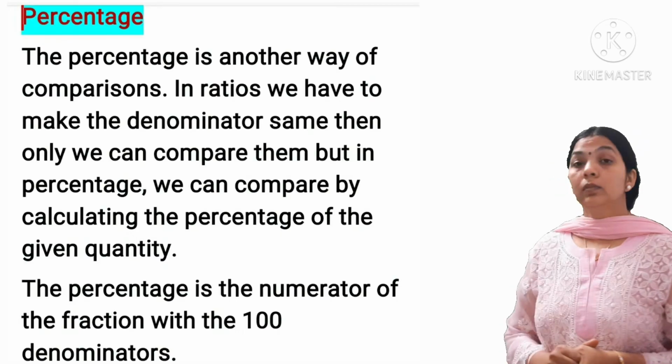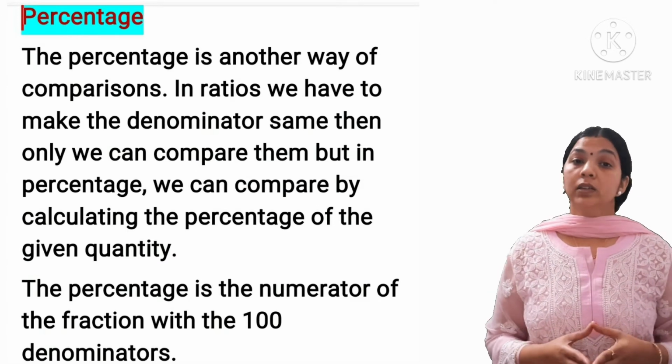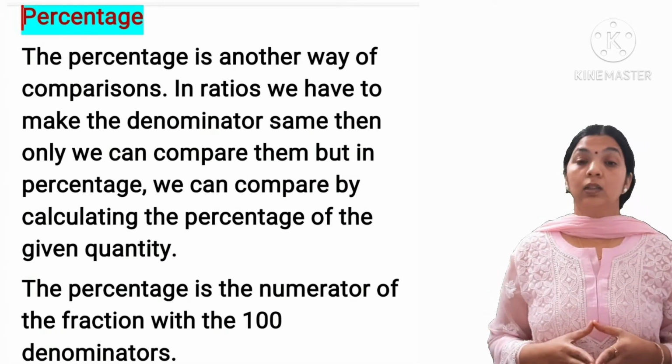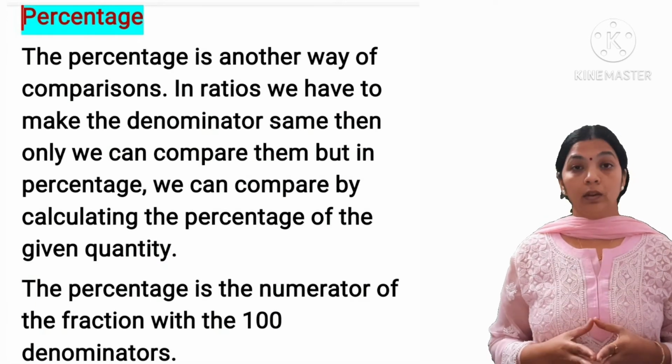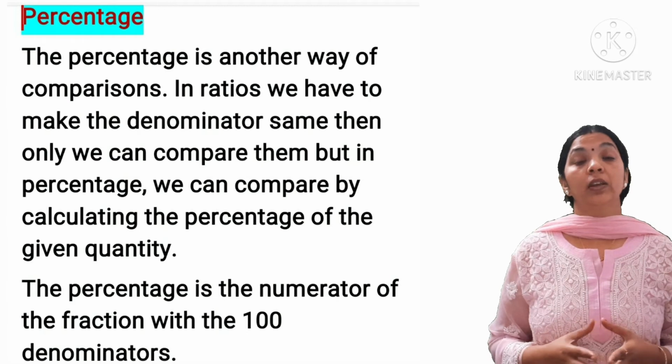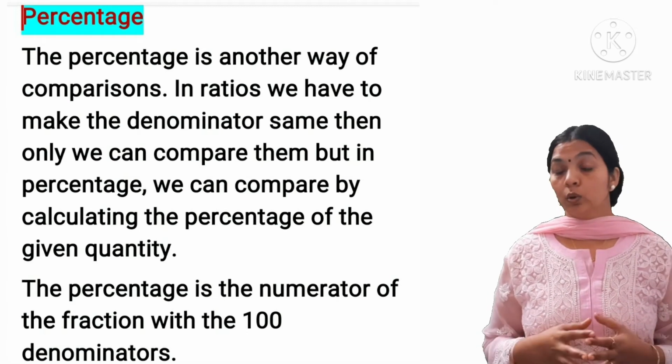The next method of comparison is percentage. Percentage is another way of comparison. In the ratio, we have to make the denominators the same, then only we can compare. But in percentage, we can compare by calculating the percentage of the given quantity.